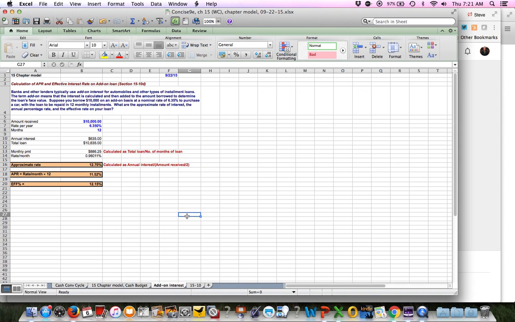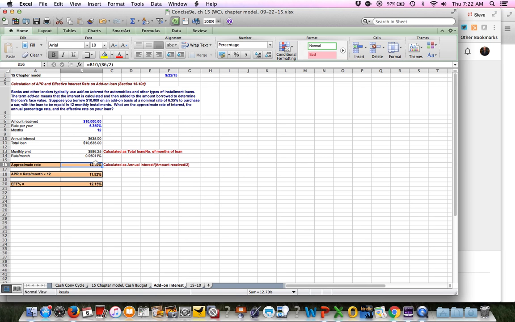This is an add-on interest example. I kind of went through that kind of fast in the PowerPoint. And the book always has examples, and they've got an example in the book, and this is the calculation for the example of add-on interest, and just showing us what the rates are for add-on interest.